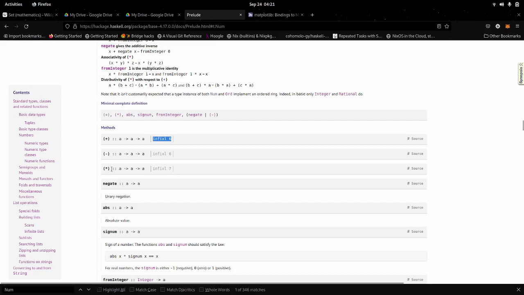So I honestly forgot which way it is, but just seeing that multiplication is a higher precedence than addition, I can infer that the higher the precedence given here, the earlier that is going to be operated on.